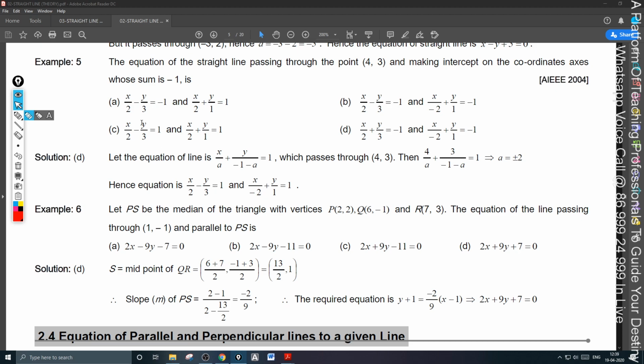What is the data? Let us write the data here first. Let me write the data here. This is a triangle. What is P here? 2, 2.